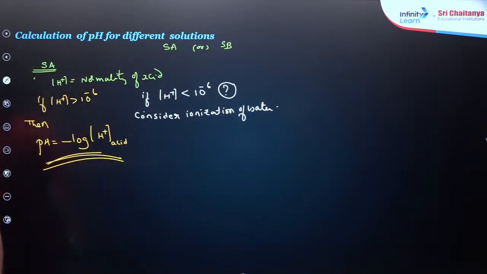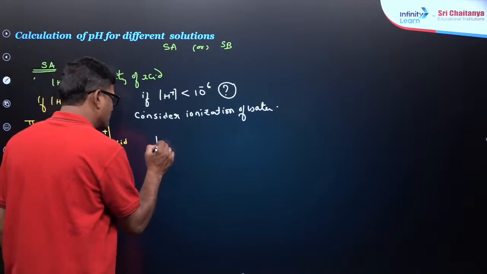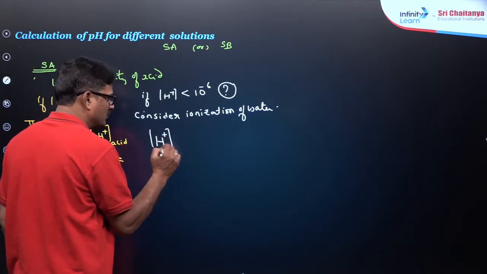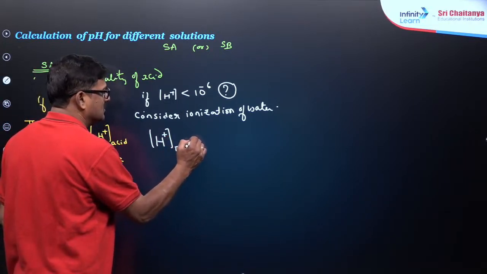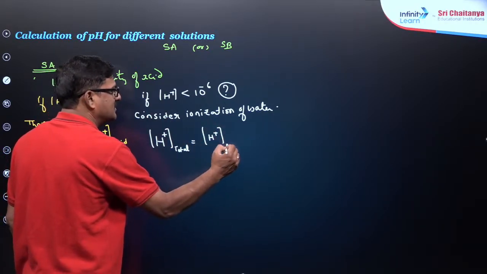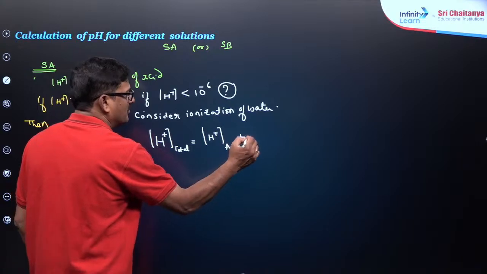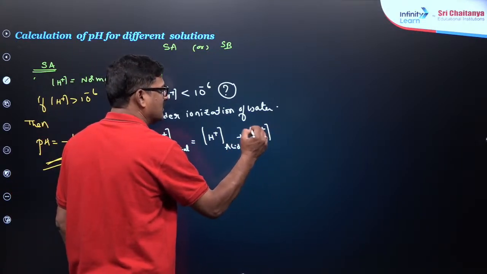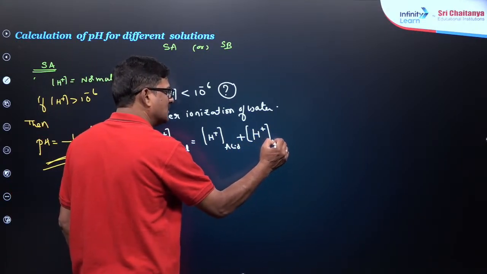So, when you take the ionization of water, H plus ion total is equal to H plus ion concentration given by the acid normality, plus H plus ion given by the water.